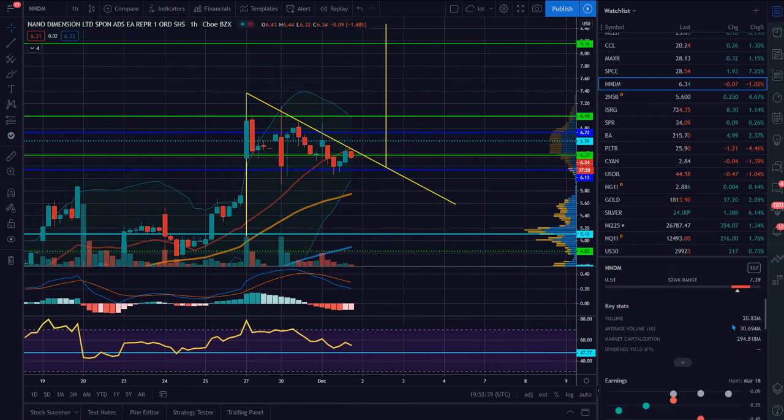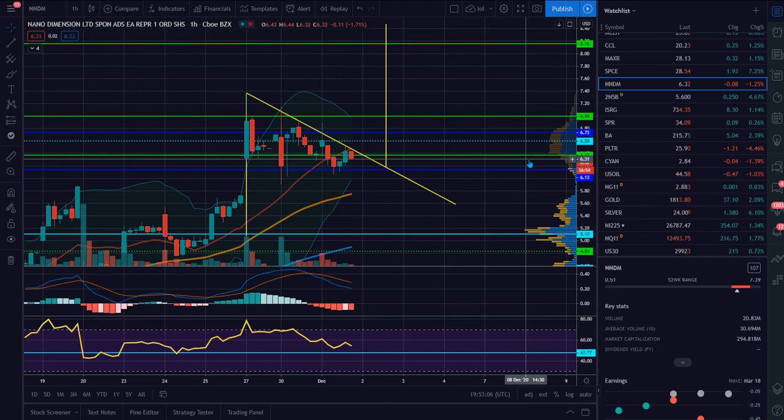Volume is at 20 million, and according to TradingView, average volume is 30 million. But you go to Webull, let's see, where is average volume? I don't see it. Let me check my phone real fast. I think average volume was 15 million on Webull.